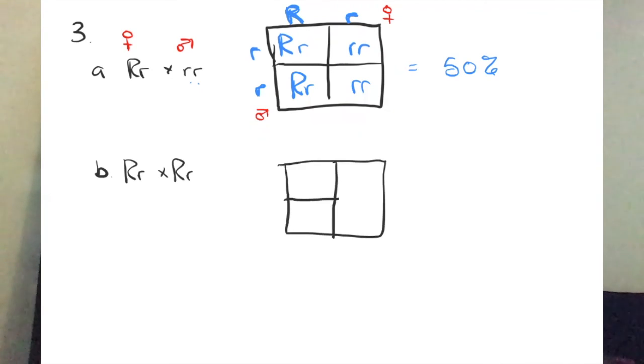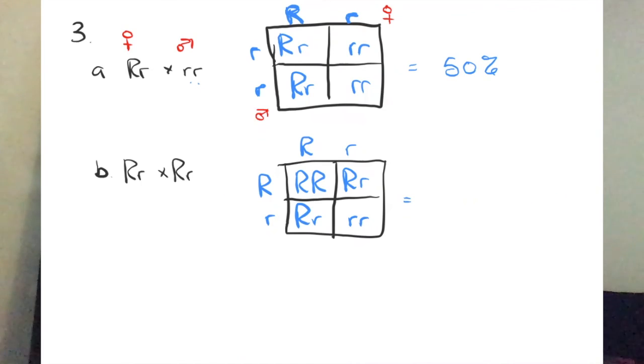I'm going to go ahead and set up my square again. My female gametes are now going to be R and r, and my gametes for male are also R and r. We do my cross here. And now we have a bit of a different answer. So we're asking for round, and we know from the previous question that round seeds are dominant to wrinkled.